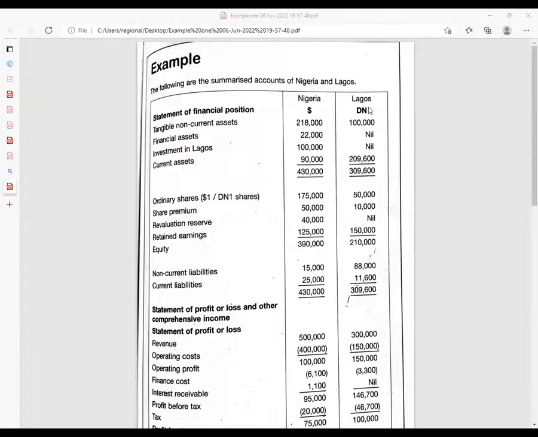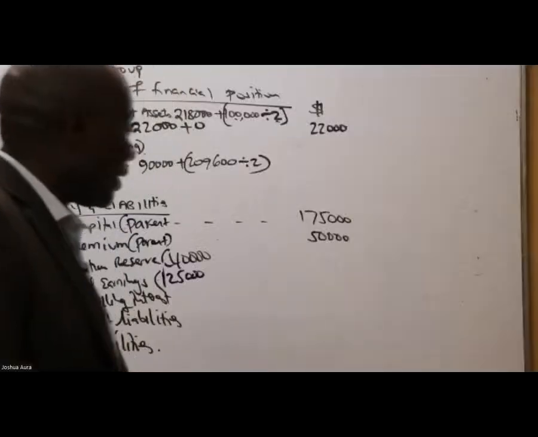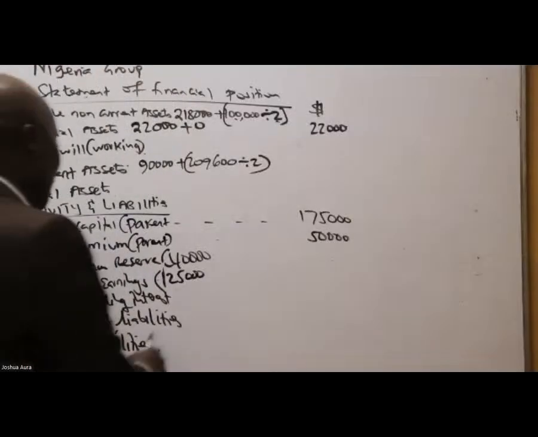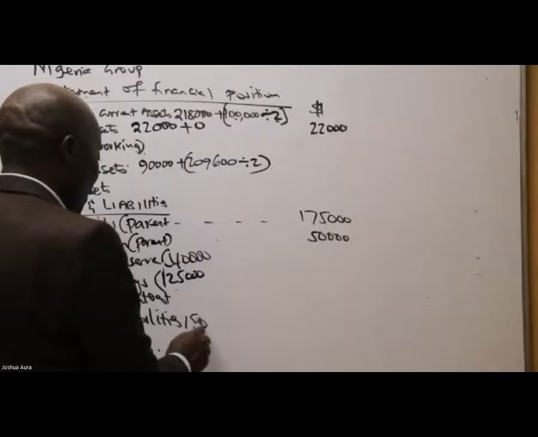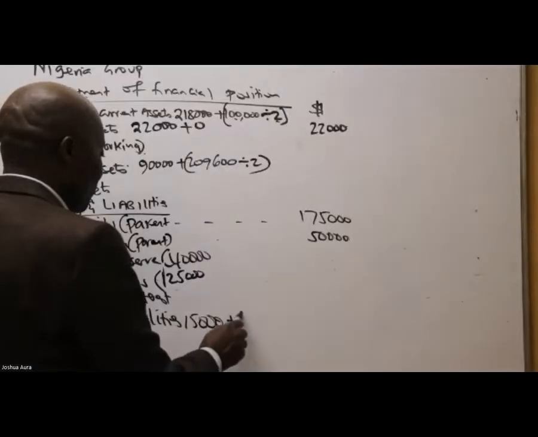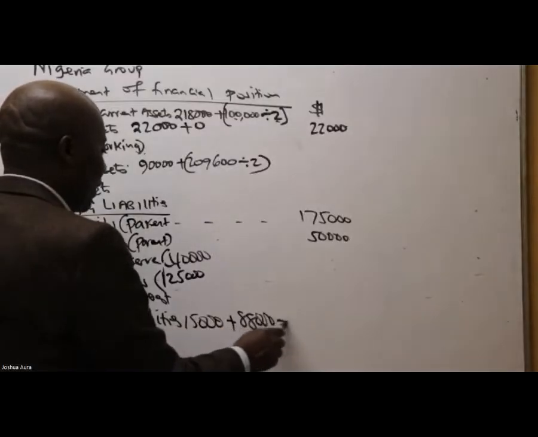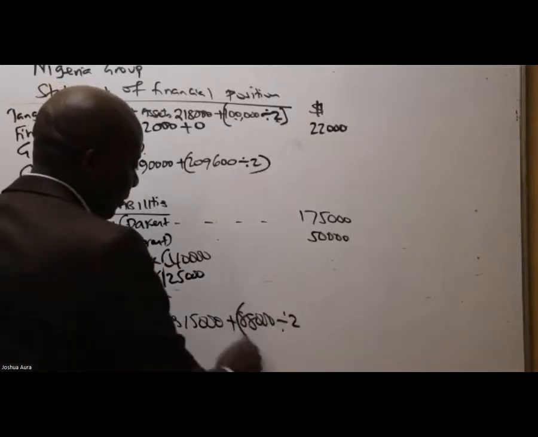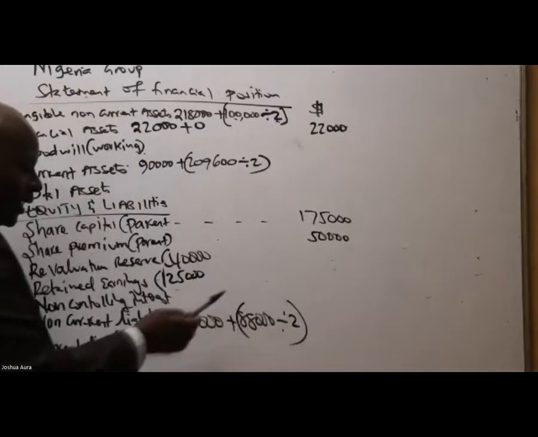But remember, these currencies are different, and we must retranslate the ones of the subsidiary. The 88,000 still falls under assets and liabilities, so it has to be retranslated. So we have non-current 15,000 plus 88,000, but now this has to be divided by 2 like that. And remember, this 2 is only dividing this.